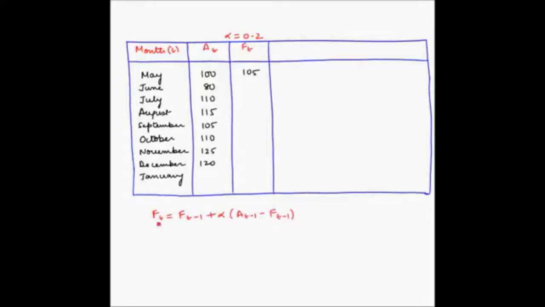So basically if we have to calculate the forecast for June, what we need is the forecast for May and the actuals for May along with the value of alpha.